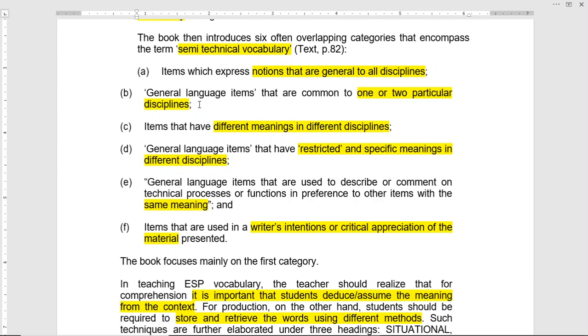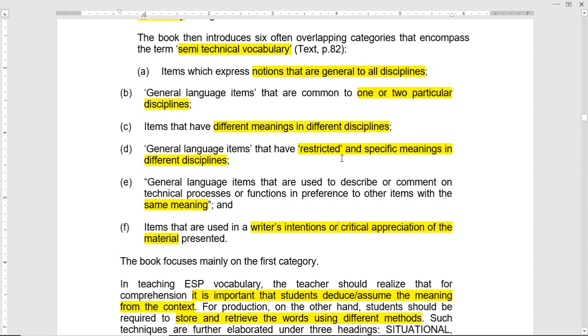And these semi-technical vocabulary items can have different meanings in different disciplines. General language items also have restricted and specific meanings in different disciplines. Or they could have the same meaning. Or items that are used in a writer's intentions or critical appreciation of the material presented.